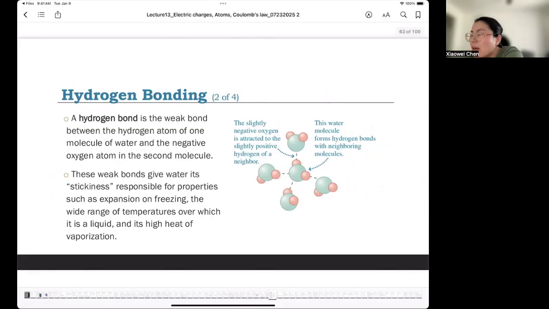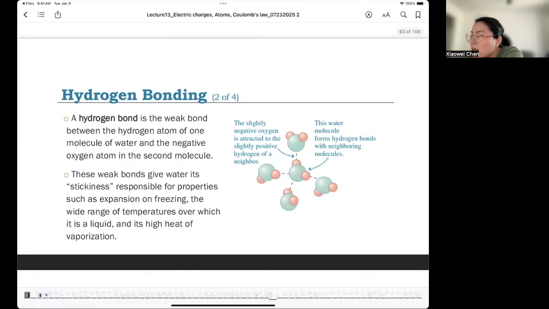A hydrogen bond is a weak bond between the hydrogen atom of one molecule of water and the negative oxygen atom in the second molecule.